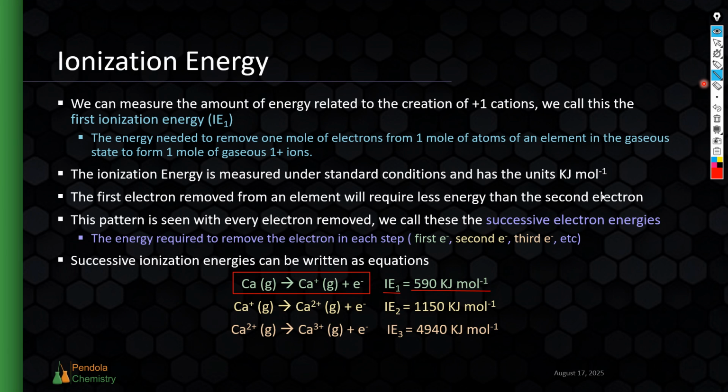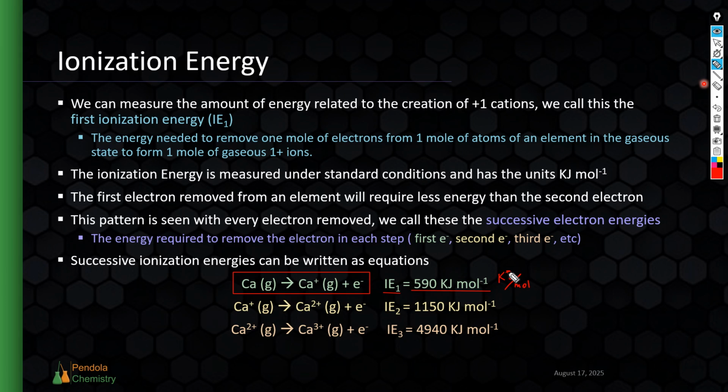So kJ mol to the negative 1 is the same as saying kilojoules divided by moles, because anything to a negative 1 is 1 over itself. So kJ times mol negative 1 is kJ over mol.